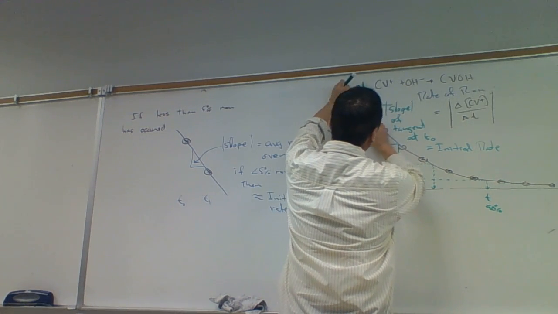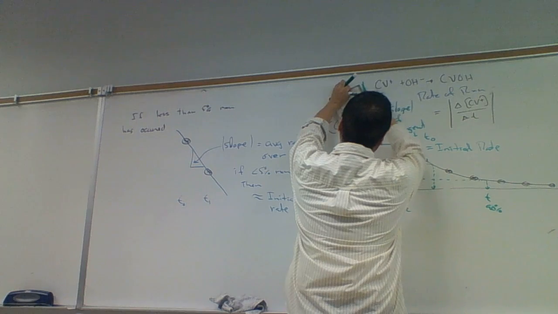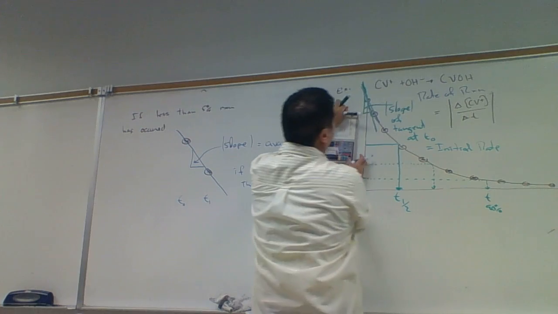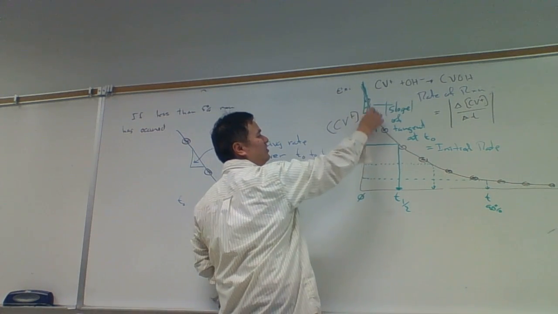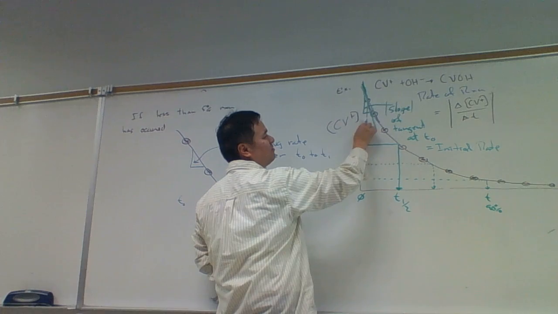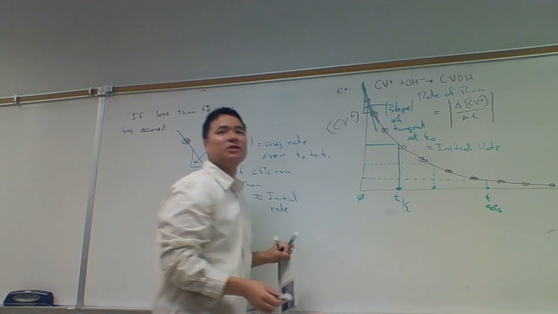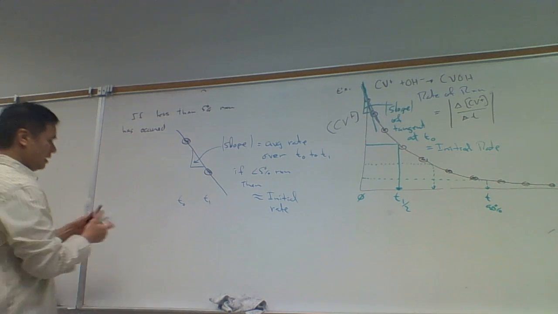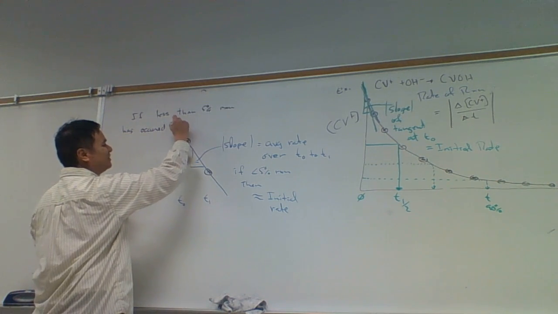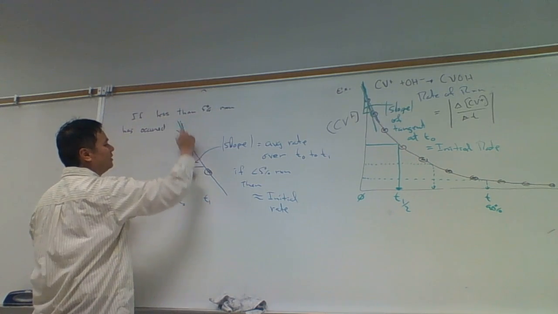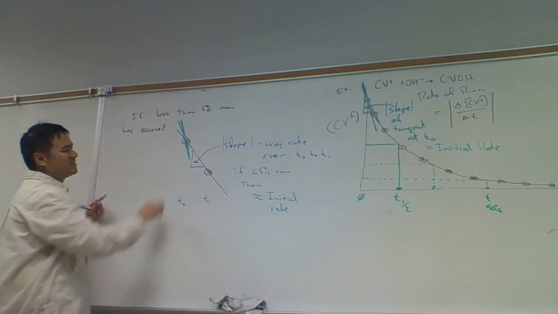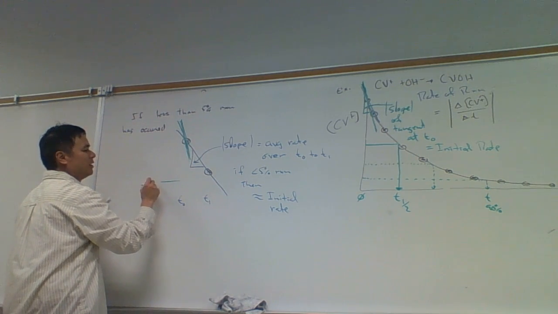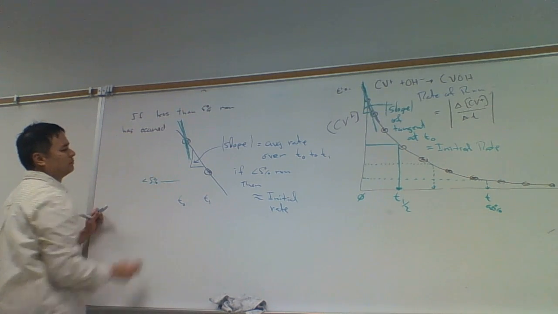We connect the first 2 data points here, and if there's less than 5% reaction, the error is not going to be huge. It's just going to be off a little bit because technically the initial rate is the tangent over here. If we drew the tangent line here, that would be it. So it's going to be slightly off, but if there's less than 5%, that error is acceptable.